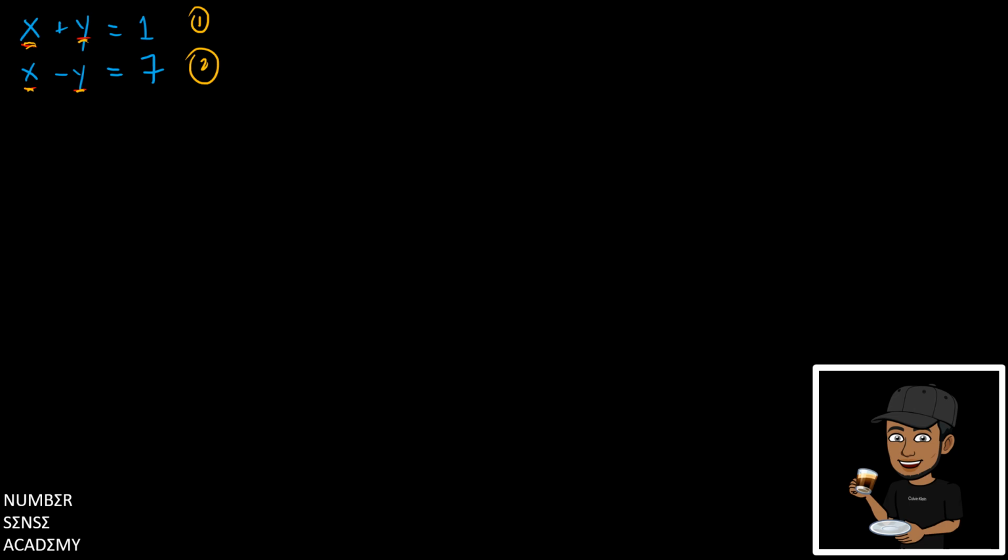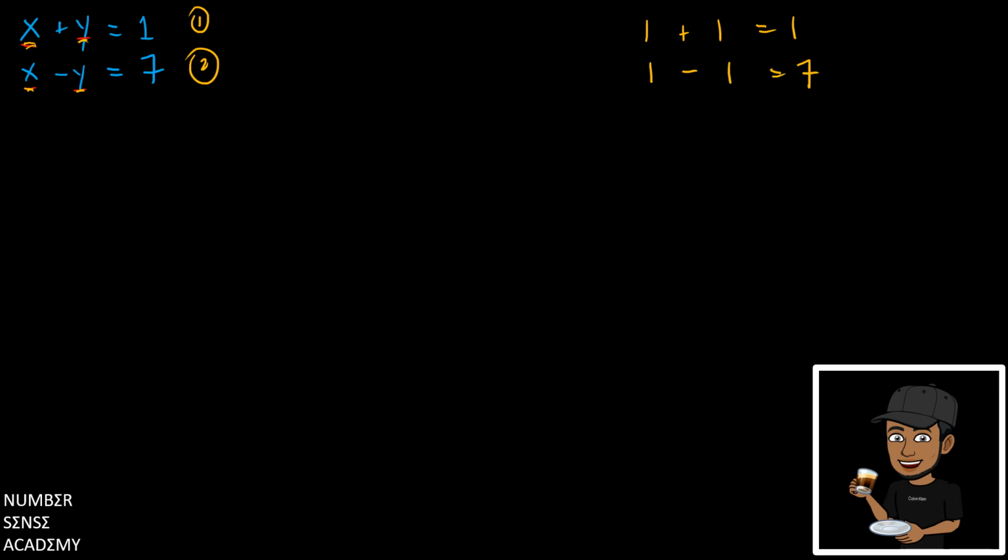So for equation 1, there's a 1 plus 1 equals 1, right? We're ignoring the variables. And then for equation 2, I have a 1 minus 1 equals 7.